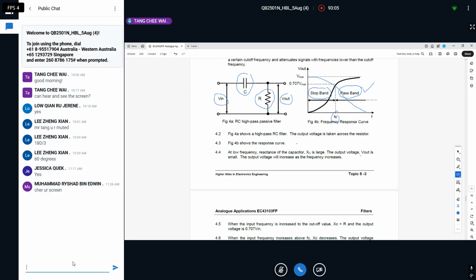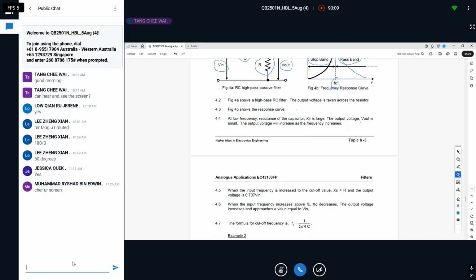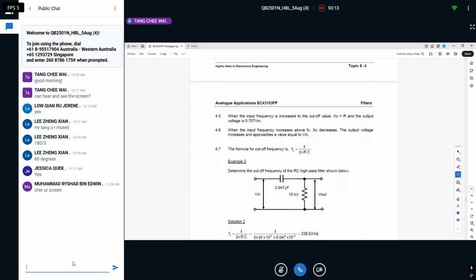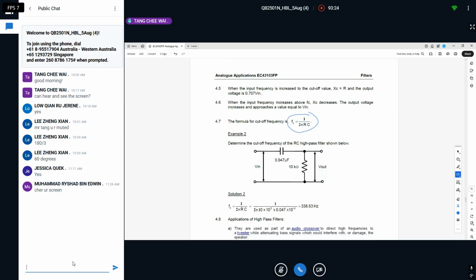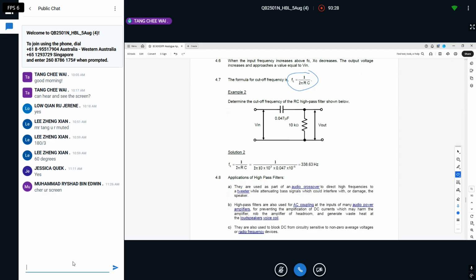Of course, there's a formula again, the same thing for you to calculate your cutoff frequency. You still use the same: 1/2 pi RC.